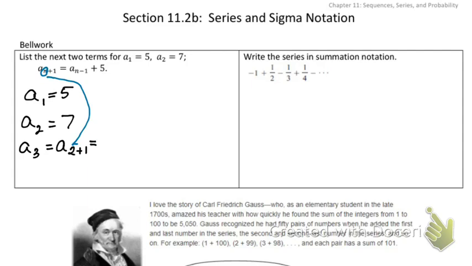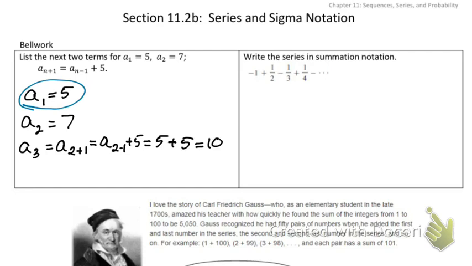So our n value is now 2 in this equation. So a sub 2 plus 1 is now going to equal that. Instead of a sub n minus 1, we're going to fill that 2 in. It'll be 2 minus 1 plus 5. Well, that's going to be a sub 1, which is right here. So it is going to be 5 plus 5, which equals 10.